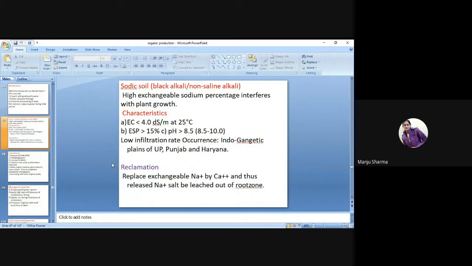Characteristics are like their EC is less than 4 at 25 degrees centigrade, their ESP is more than 15%, and the pH is 8.5 to 10. Low infiltration rate. Occurrence is in the Indo-Gangetic plains of UP, Punjab and Haryana.